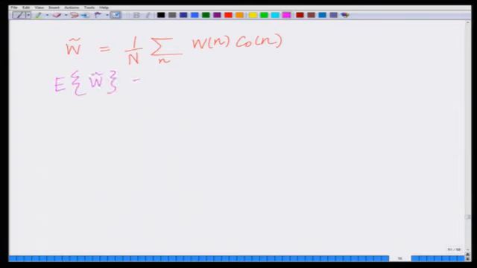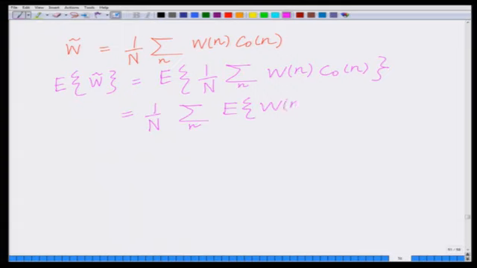Expected value of w tilde is expected value of 1 over N summation over n of w[n] c0[n], which is equal to 1 over N summation over n of expected value of w[n] times c0[n], but expected value of w[n] is 0, since w[n] is zero mean noise.